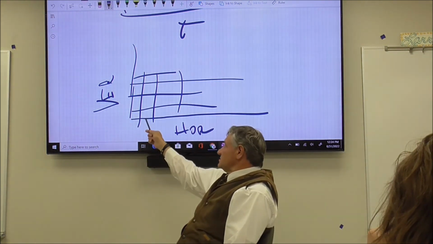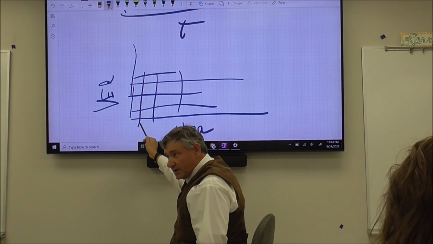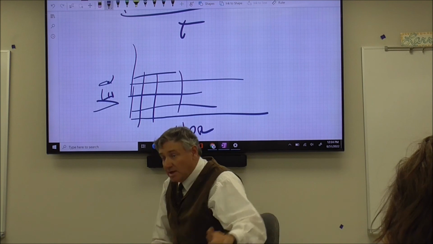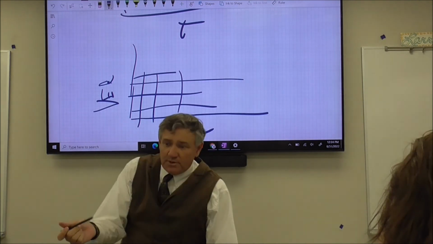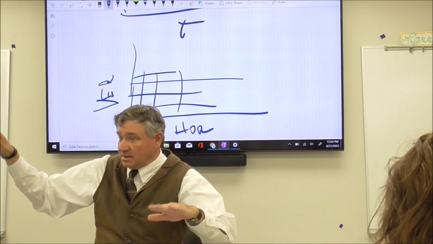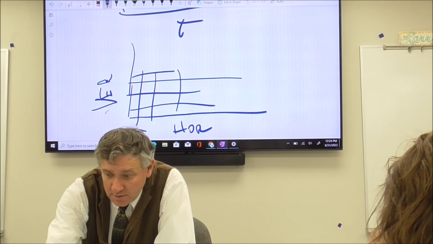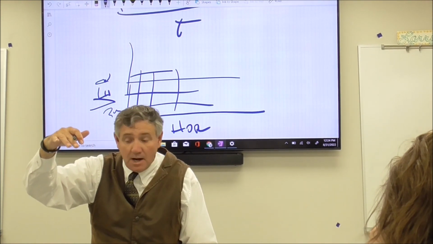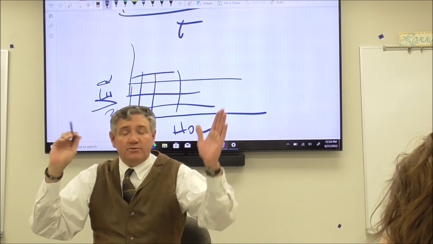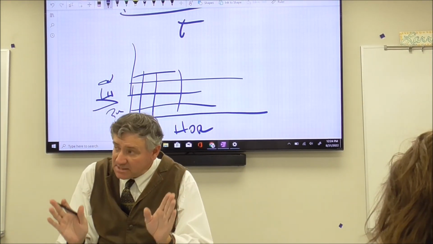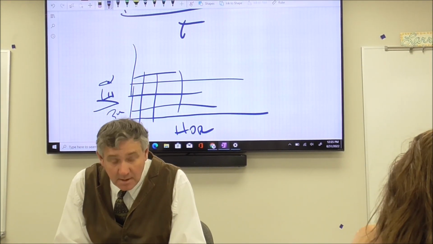Whatever you choose your scale to be in one direction has to be the same scale that you use in the other direction. So if you're going to let one grid be 3 meters going horizontally, you have to let one grid be 3 meters going vertically, okay? If you want it to be 2 and 2, 5 and 5, I don't care, okay?